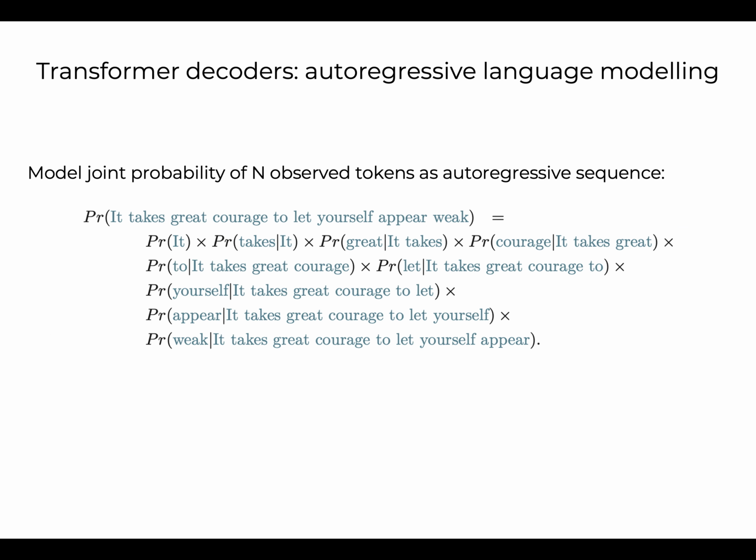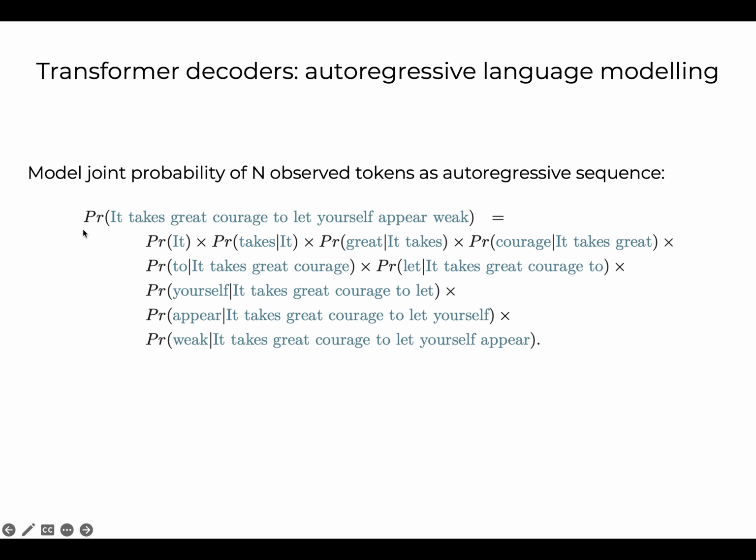So now let's see the second way that a transformer can be used in language modeling, and that's in a transformer decoder. So this is similar to the autoregressive language modeling that we saw with a recurrent neural network previously. And the idea is to try to model the probability of observing n tokens as an autoregressive sequence.